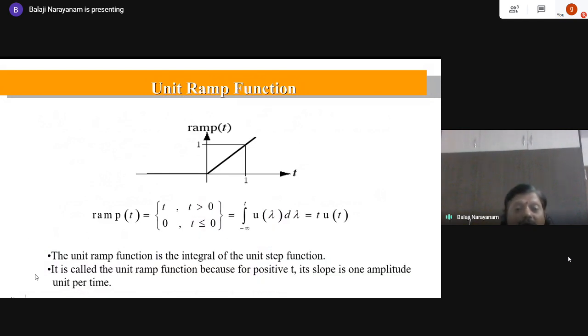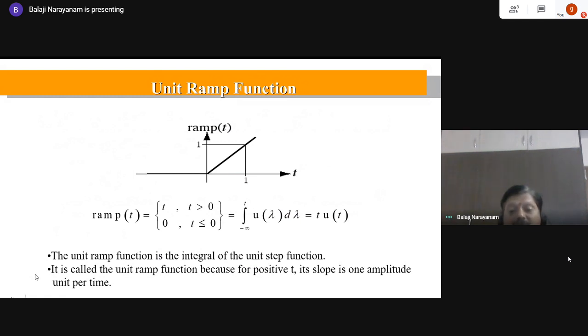And now another important function is called the unit ramp function. And how do you define this unit ramp function? Ramp of t is given by t, where t should be greater than 0, and it is equal to 0 for all values of t less than or equal to 0.